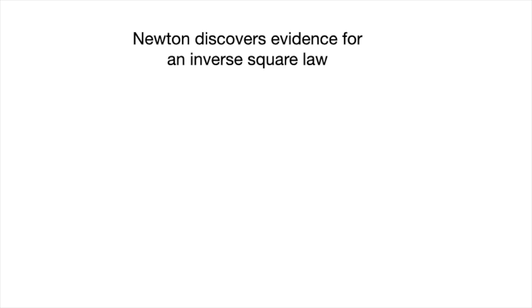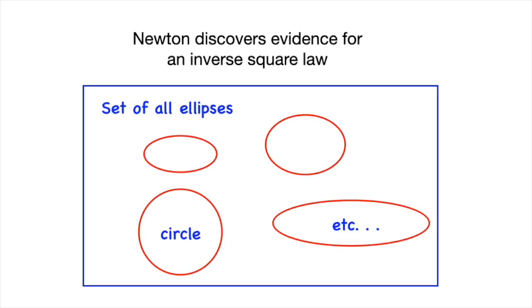As I mentioned earlier, Newton had suspected the inverse square law was correct long before he knew of the speculations of Hooke, Wren, and Halley, and he found a proof that the law was logically consistent with Kepler's laws in the case of circular orbits. A circle is a special example of an ellipse.